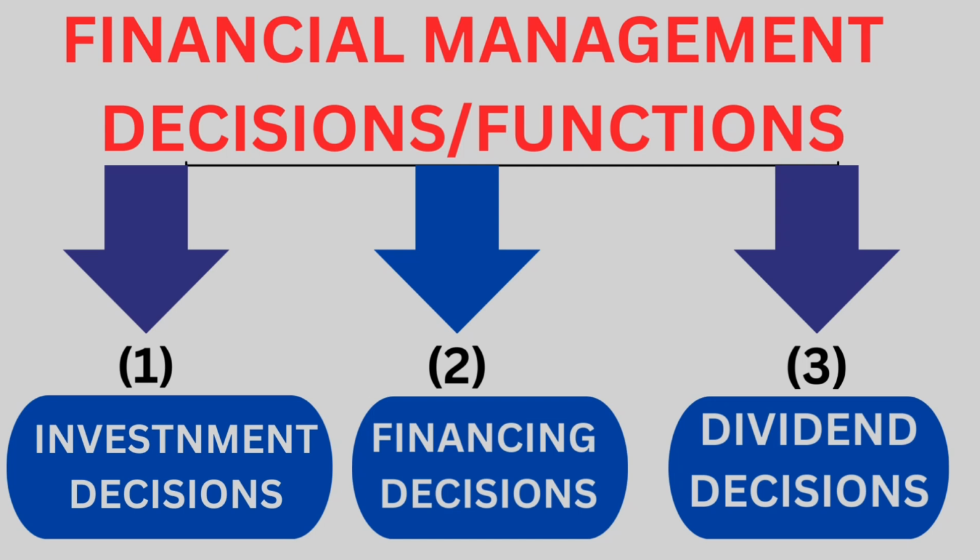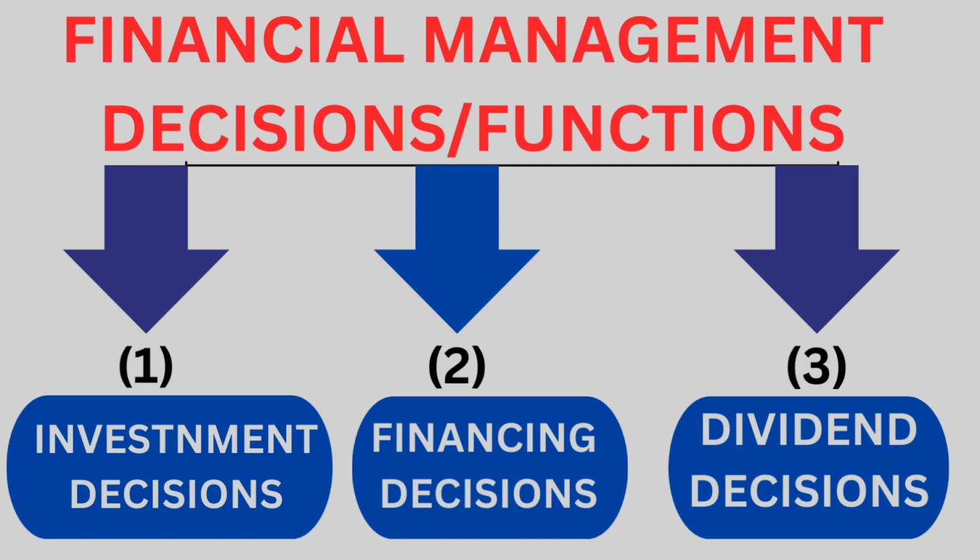Now the next is financial management decisions. Financial management decisions are also known as financial management functions, and the financial manager has to take a number of decisions. Under that we have three major and important decisions.